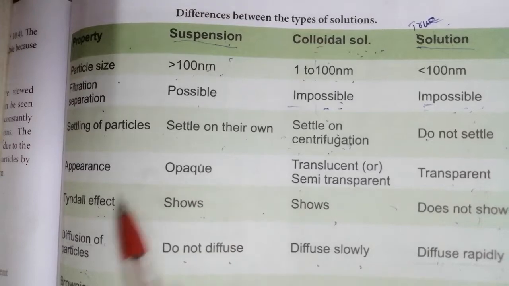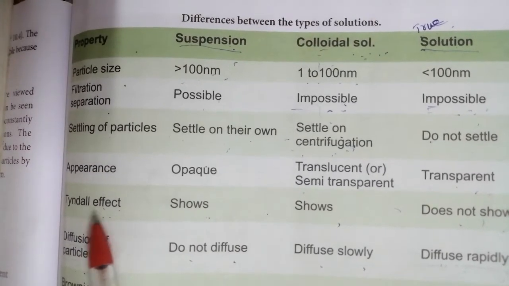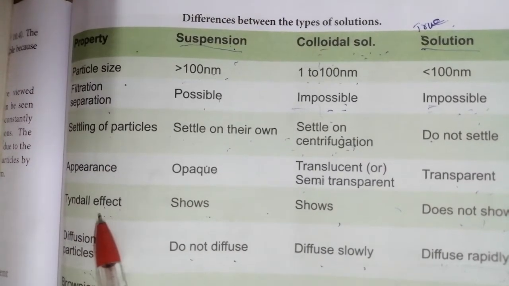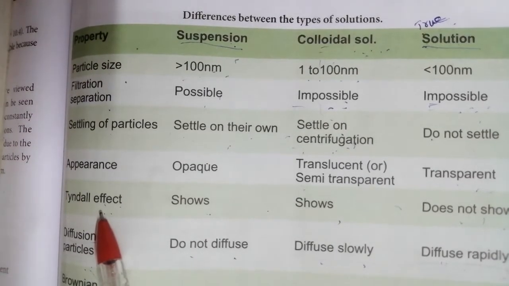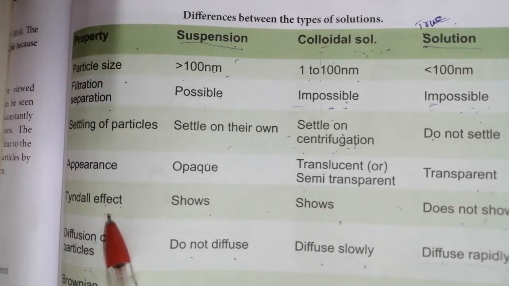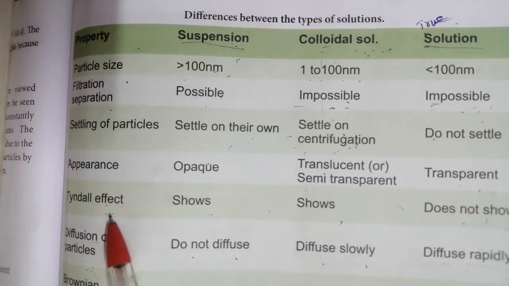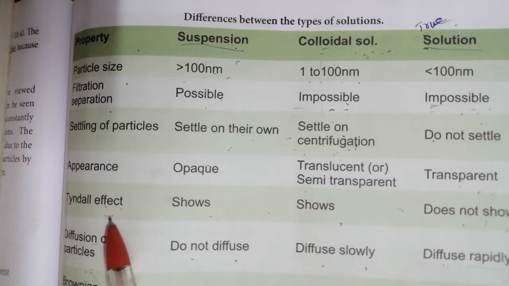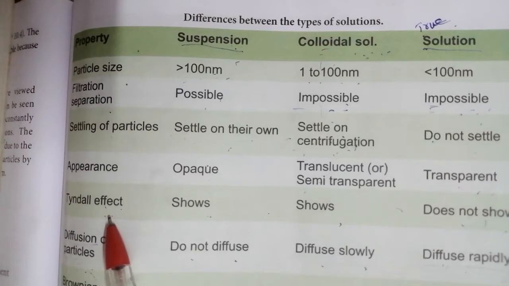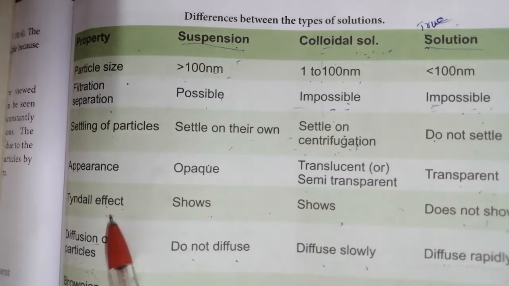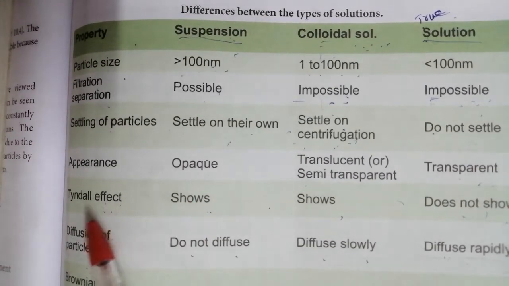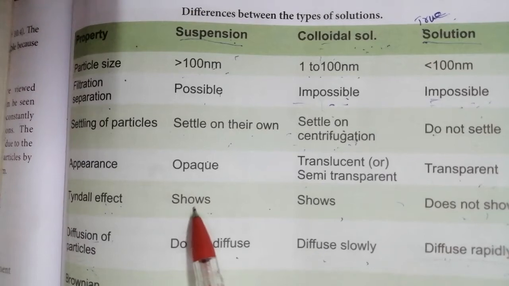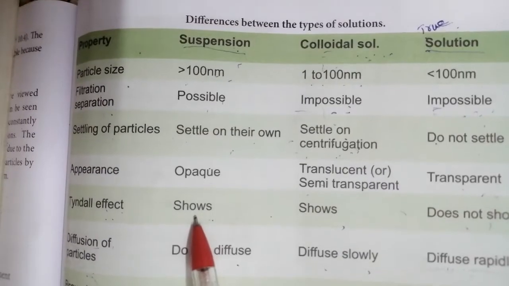Have you understood? Then see the next one, Tyndall effect. What did we study under the Tyndall effect? When a strong beam of light is focused on a colloidal solution, the particles are visible, right? The beam of light is also visible. So can the suspension solution show the Tyndall effect? Yes, it will show, right?